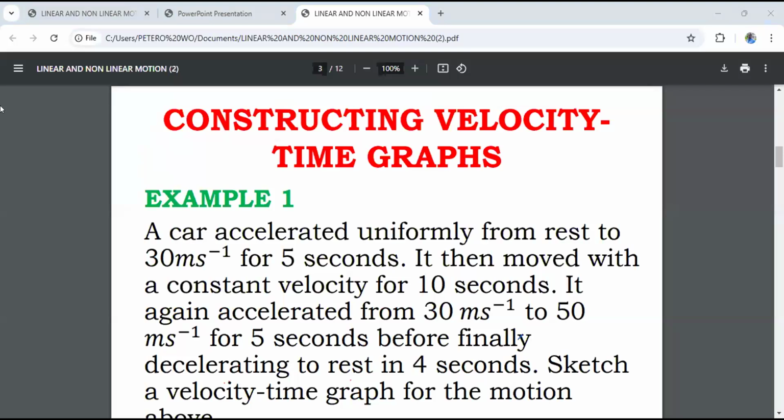If we are going to draw a graph, then we must look for what is the type of motion that is being talked about, which velocities are involved, and what is the time that that motion is happening.